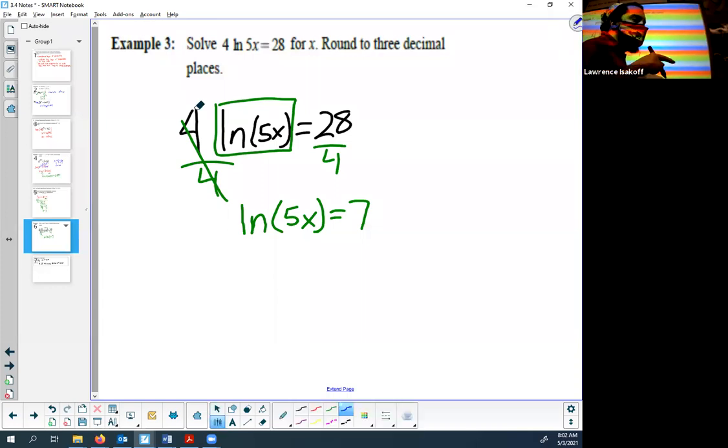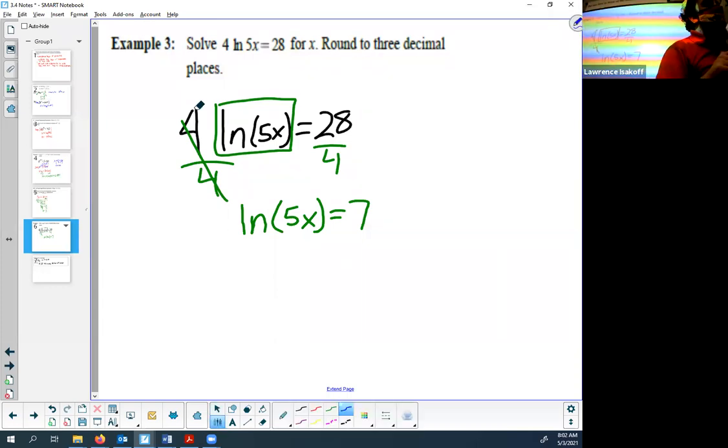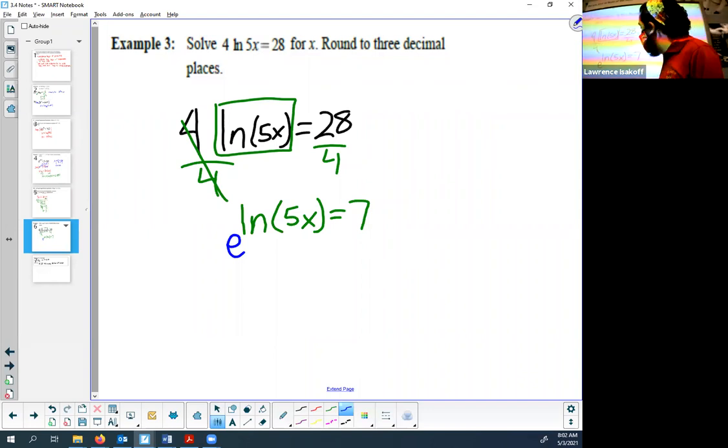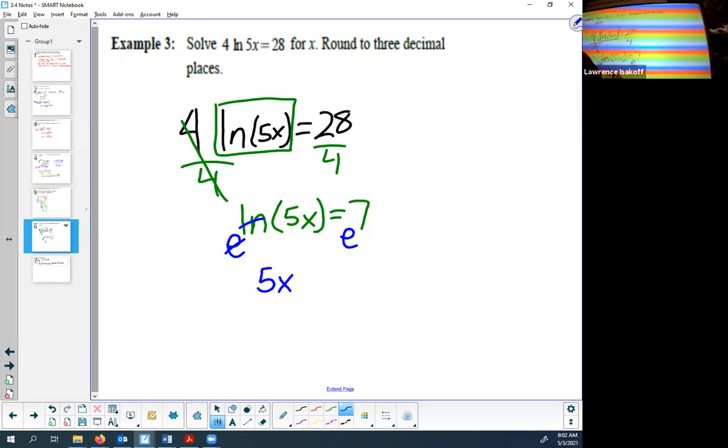Now I want to rewrite this with base of e. So since this is natural log, I can basically say, oh, this side's e to that, and this side's e to the 7. Now these conveniently cancel, leaving me with 5x equals e to the 7.